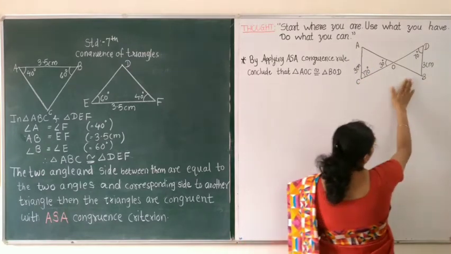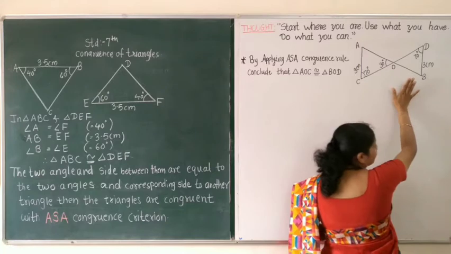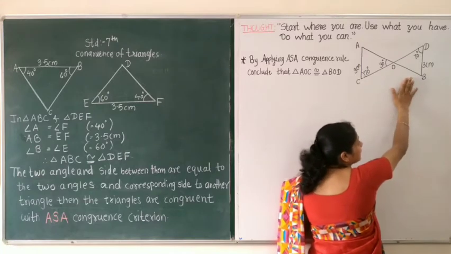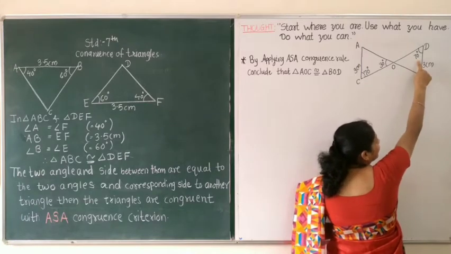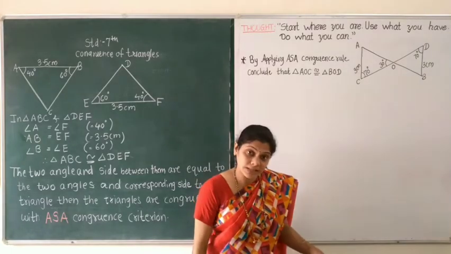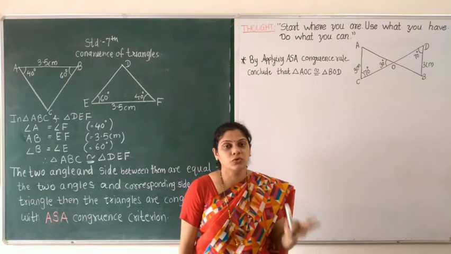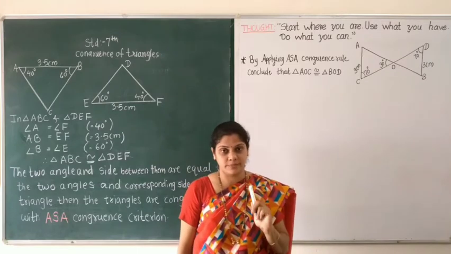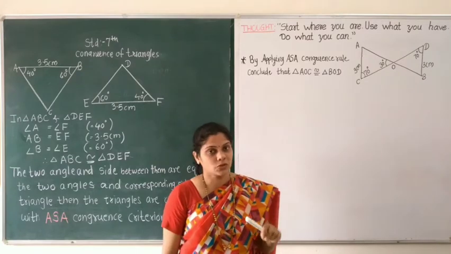What about triangle DOB? They give us only the measurement of one angle and one side. That means while solving this problem, we have to find out the measurements. So we will solve this.